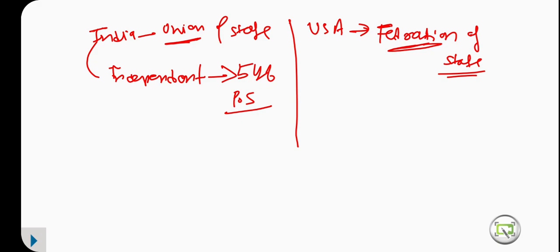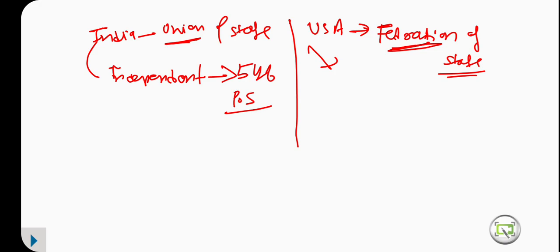When India became independent, there were 546 princely states, and these princely states came together and formed a group, and that group is considered as our country, that is India.